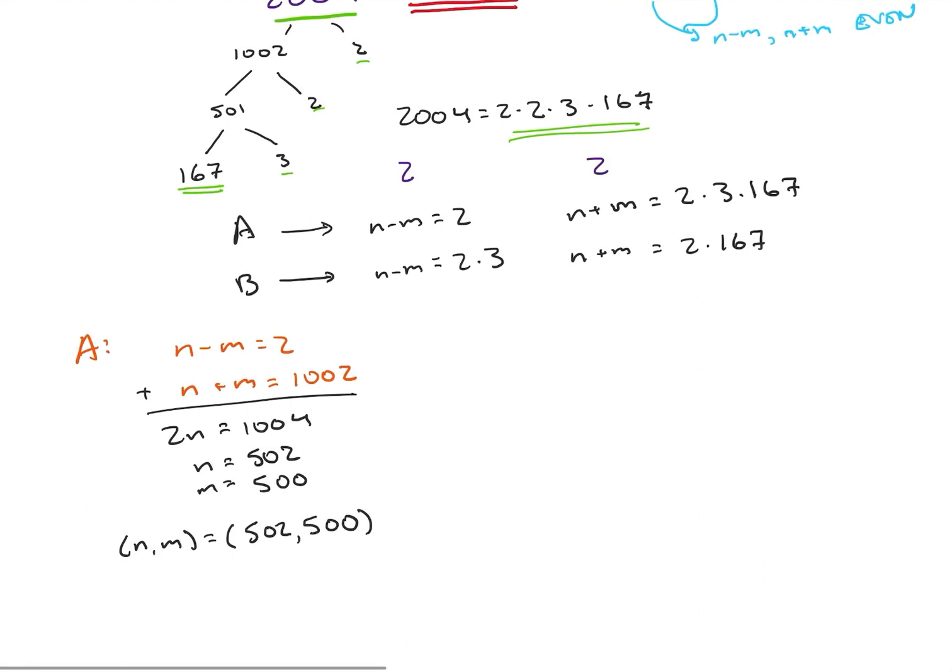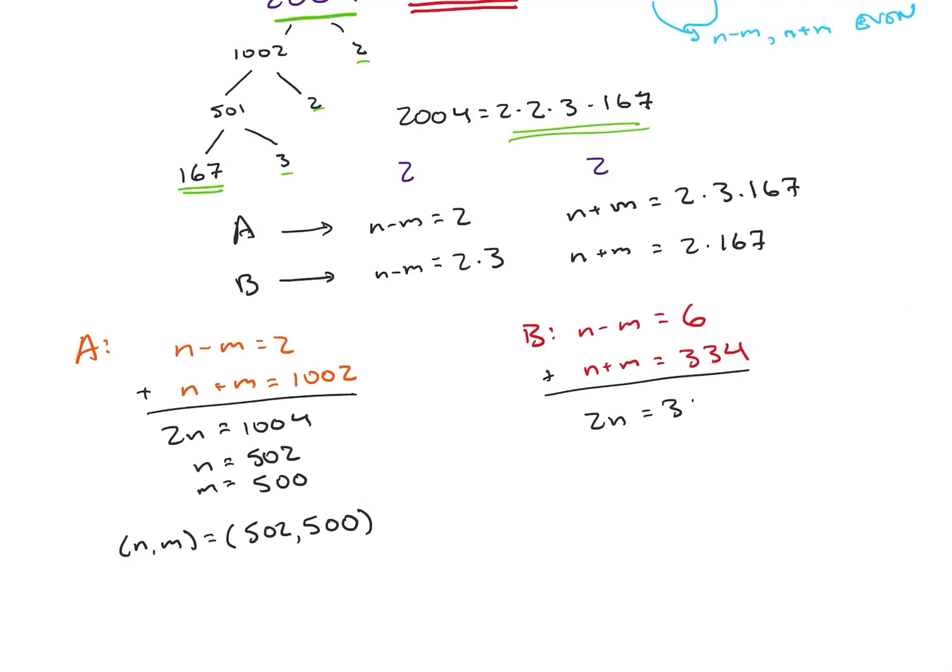If I look at situation B, I have n minus m is equal to 2 times 3, which is 6. And I have n plus m is equal to 2 times 167, which is going to be 334. If I do the same thing here and I add up these two equations, I'm going to get 2n is equal to 340, so that n is equal to 170.